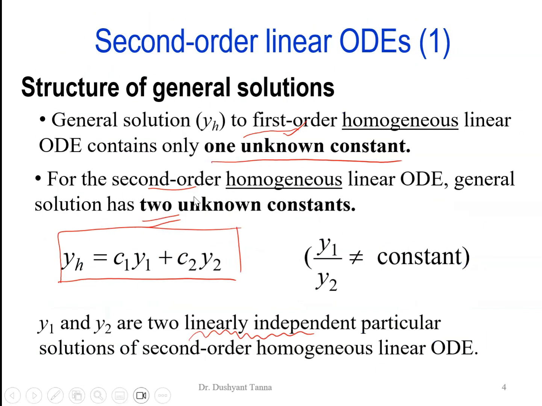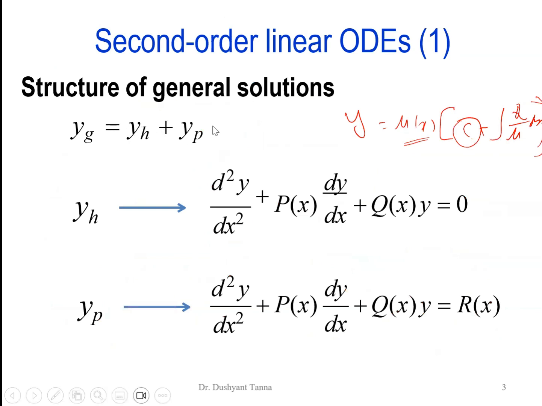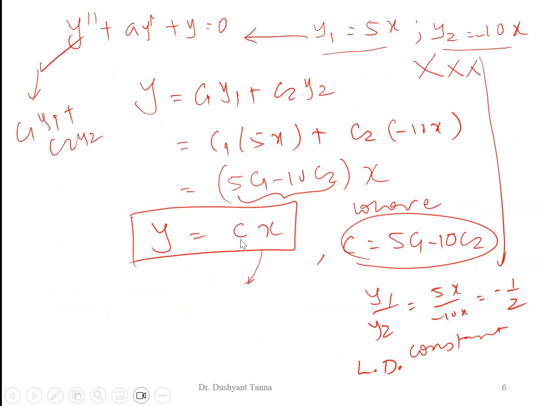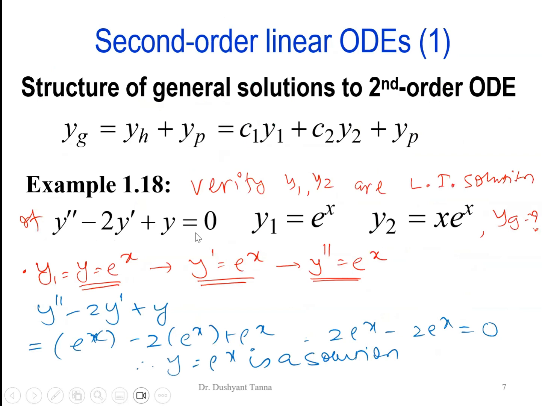Now, we were discussing one more thing. Please refer to this slide where it says the solution has two parts, YH and YP. H is for the homogeneous part and YP is a particular solution for the non-homogeneous part. Example 1.18 was already homogeneous, so we only talked about the YH part, where Y1 and Y2 were already there.